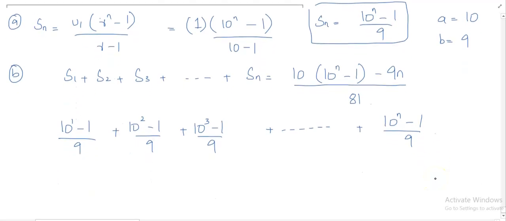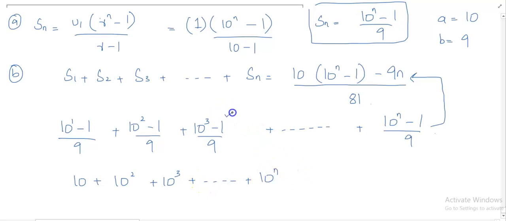Now see, our end goal is to get to this particular solution, and we just need to look into this equation and see if there is something that we can derive out of it. So the way I can look at this is 10 plus 10 to the power of 2 plus 10 to the power of 3, up to 10 to the power of n.